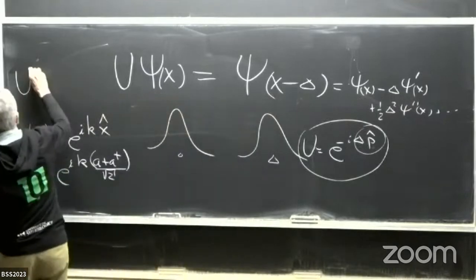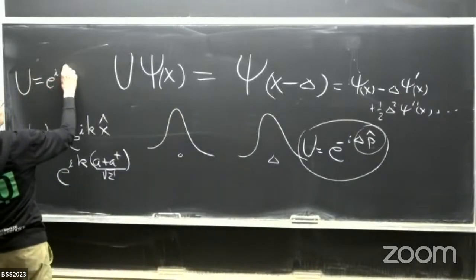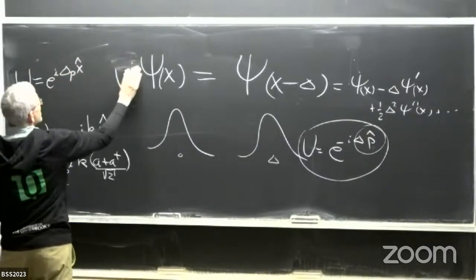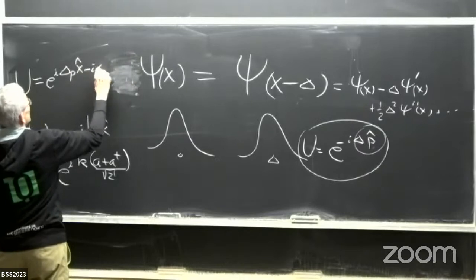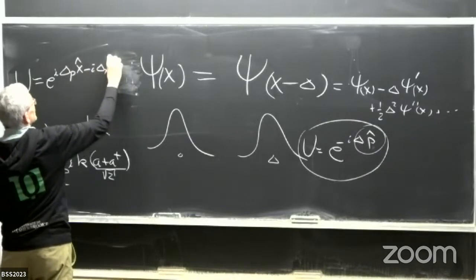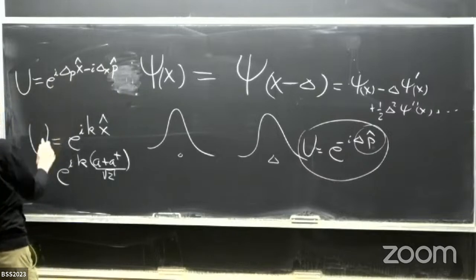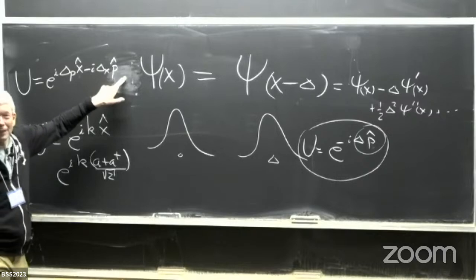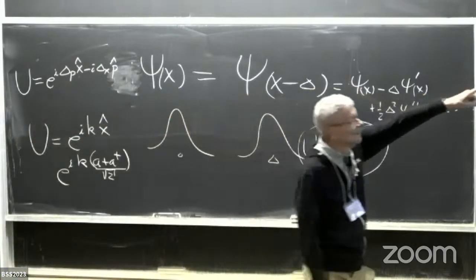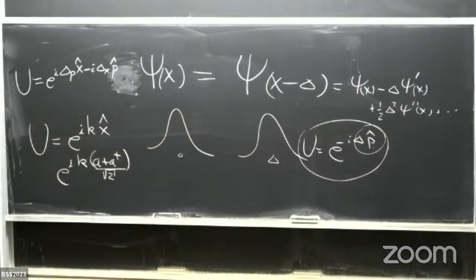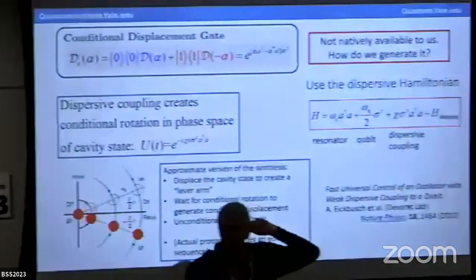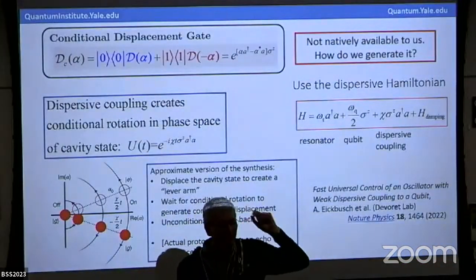So it's some e to the i delta p x hat minus i delta x p hat. If you write this in terms of a and a dagger, and this in terms of a and a dagger, you get this. So that's why it's a displacement in phase space. Does that help? Good. I'm glad you asked that question. Others?